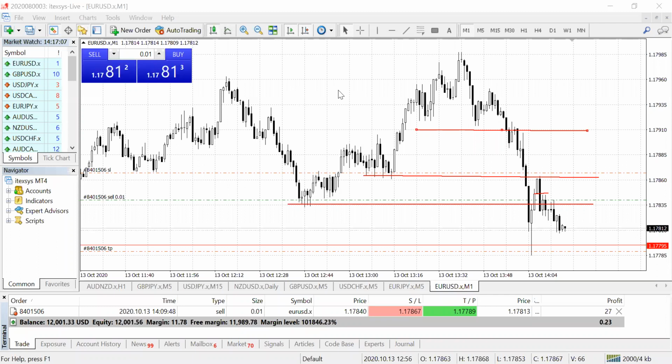I might do this over and over again, so I build my account. The whole objective is to get consistent with your trades. If you can get 10, 15 or 20 pips a day, afterwards you only need to increase your lot size, and that's it. You keep taking the same trades over and over.